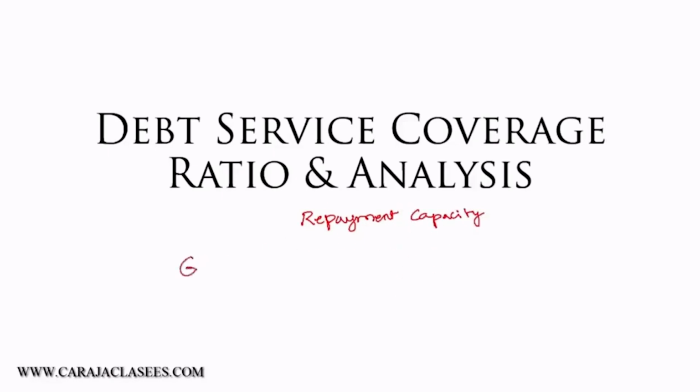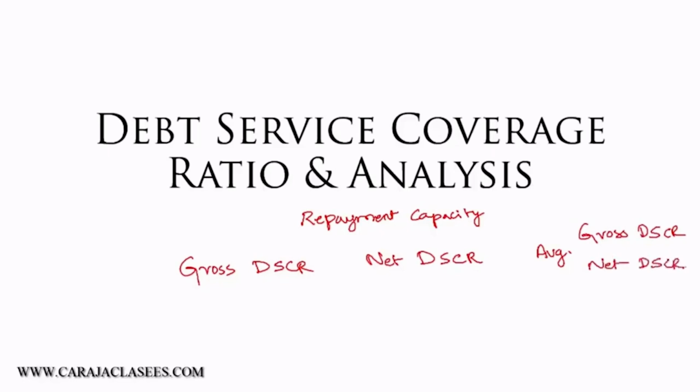We have gross DSCR, then we have net DSCR, and we also have average of gross DSCR, average of net DSCR. So within debt service coverage ratio itself, we have almost 4 types of debt service coverage ratios.